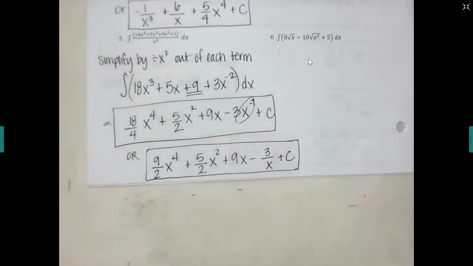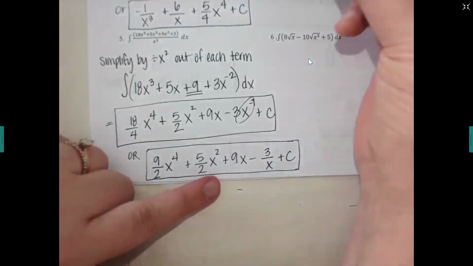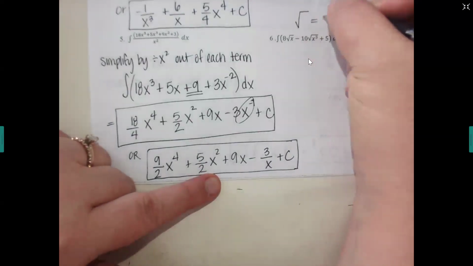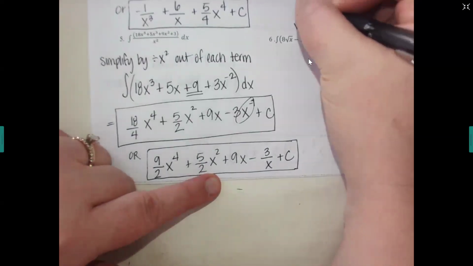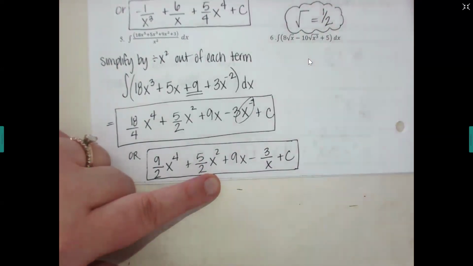All right, take a look at number 6, please, right next to it. Okay, what rewrite strategy did we use for square roots when we were doing derivatives? What did we change the square root to? Good, 1/2. So remember that a square root is the same as a 1/2 when you do your rewrites.